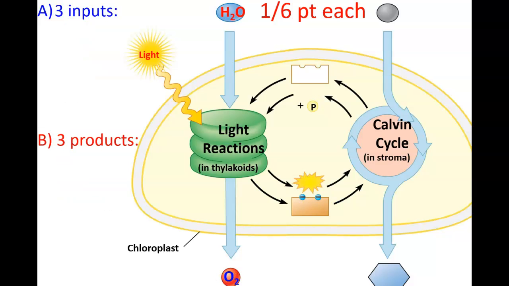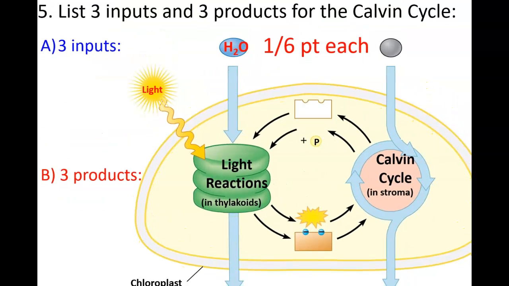Nice job. Now we are looking at listing the 3 inputs and 3 products for the Calvin cycle. The first input is going to be your CO2 from the atmosphere. It's this gray thing here. The next thing we are going to need is the ATP that was produced from the light reactions.